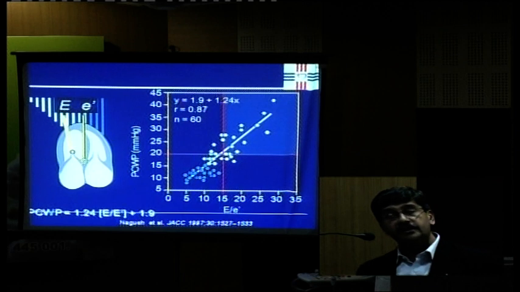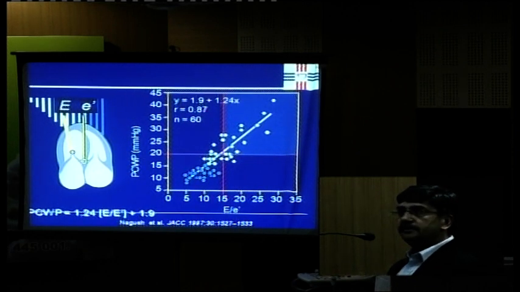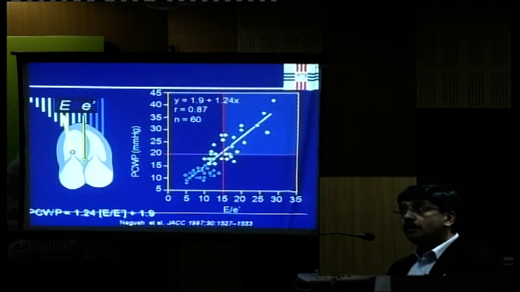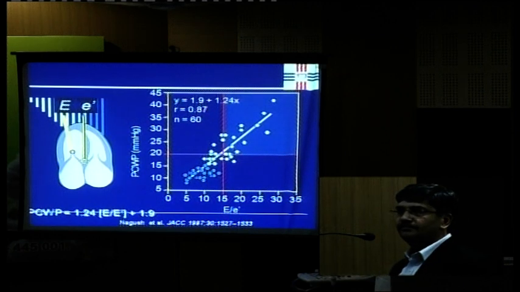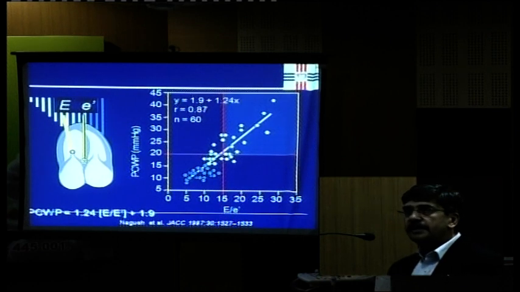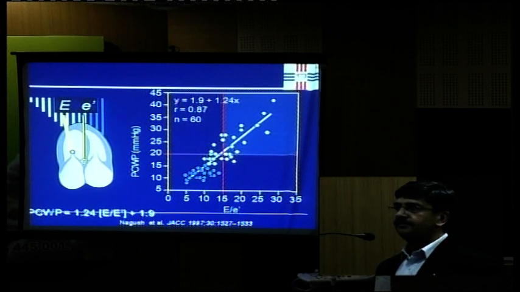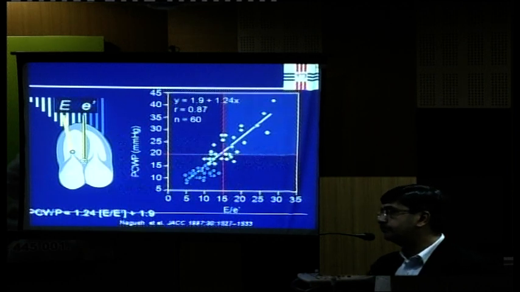But if I find that LV EDP is 25, I would make it a point to write that LV EDP is 25, or for that matter, pulmonary capillary wedge pressure is 25. I want to give you an indication that your patient needs more diuresis. Even if he is moving around, even if he is not an ICU patient, he is class 3 heart failure. What he needs is diuresis, increase the diuresis, increase ACE inhibitors. So this is the management from this E by E prime.